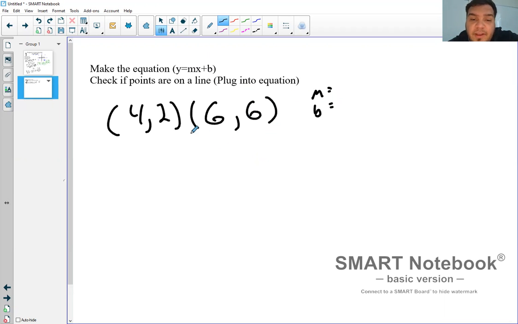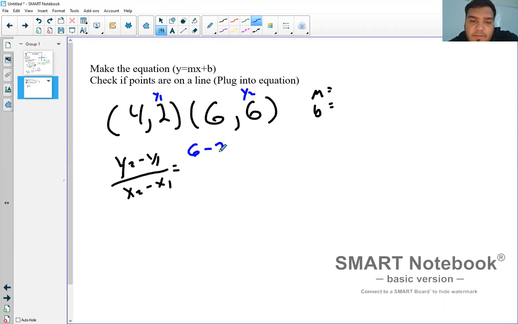So here, we're going to find our m, we're going to find our b. To find the m, we're going to find the slope. We did the slope on the previous page, y2 minus y1 over x2 minus x1. y2 is the second y over here, while y1 is the first y.